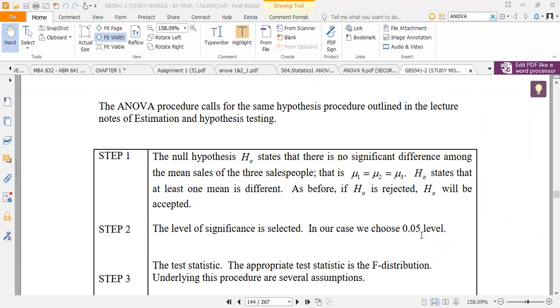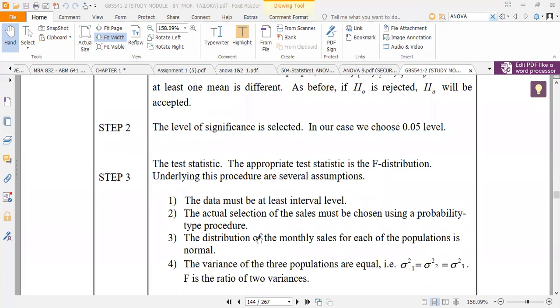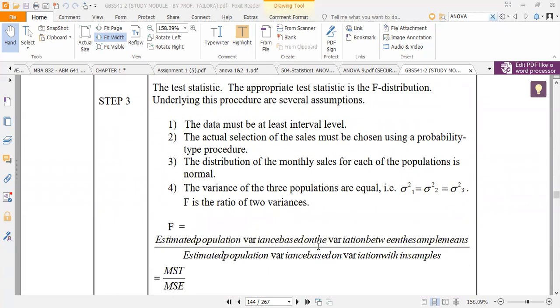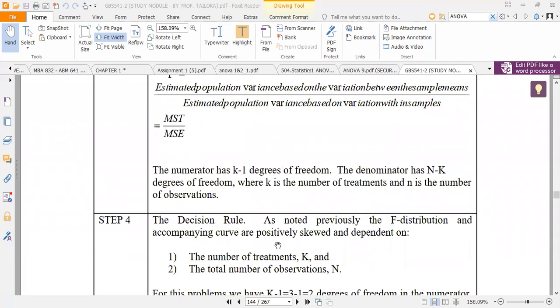Whenever you're not given, the standard is 0.05. The third step is actually to calculate the test statistic. Of course, in this case, we're going to use the ANOVA table that I'll explain later on. Then we make a decision based on the decision rule.